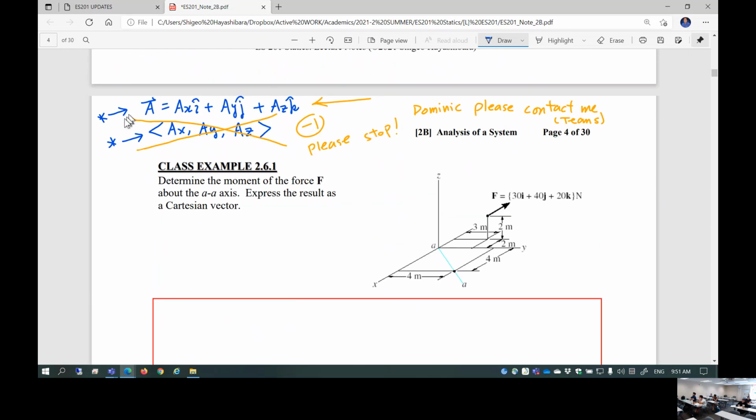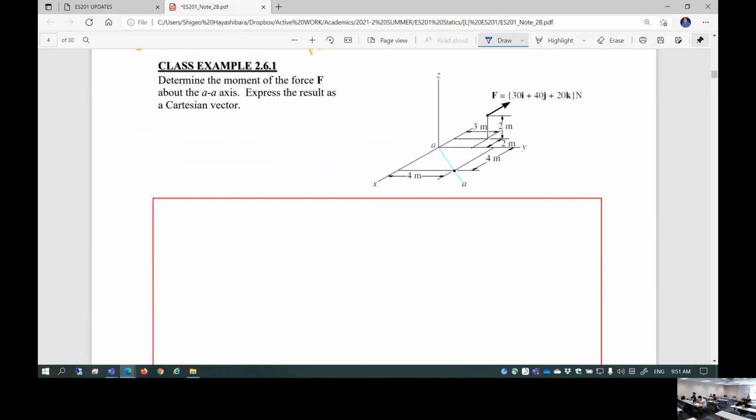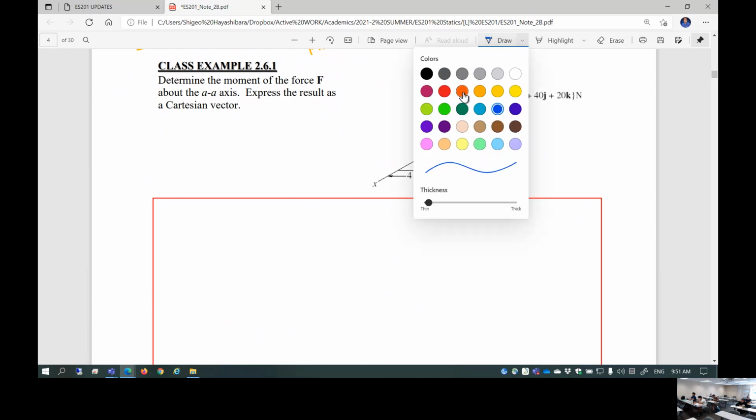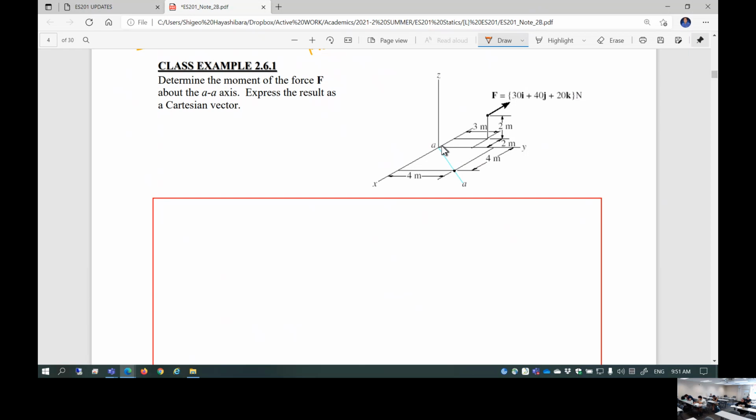That means this. Expressing your result as a Cartesian vector in engineering is usually this, not that notation. Okay, so what is the first step? Anybody? This is the coordinate origin, isn't it? And this is the point of application of the force F, isn't it? So let's find the position vector here.